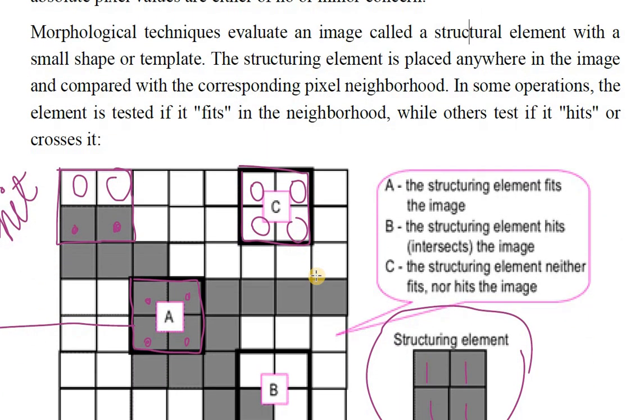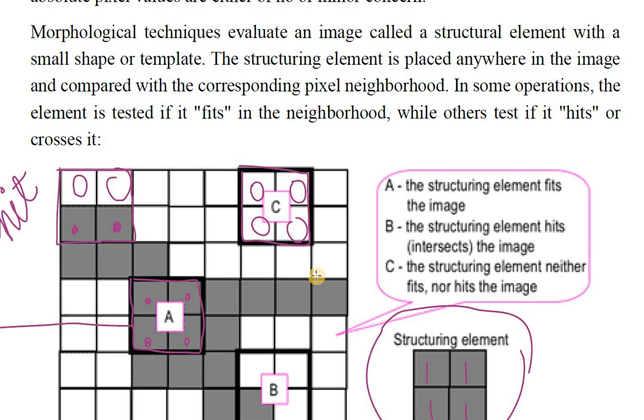Now basically in all of the morphological operations that we are going to see, we are going to evaluate an image with a small shape or template called a structuring element, and this structuring element is placed anywhere in the image and we are comparing the structuring element with our image pixels.